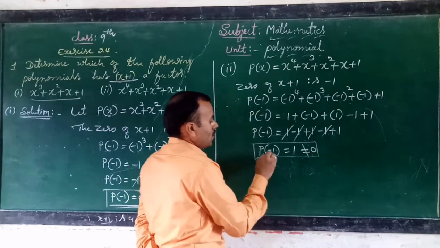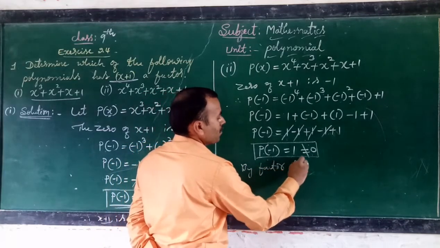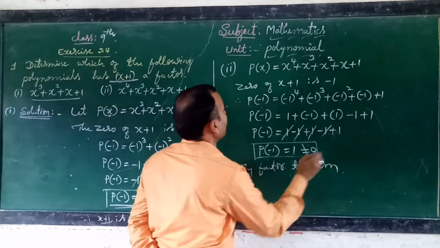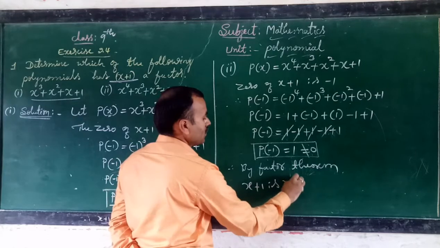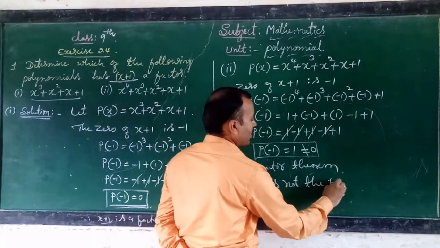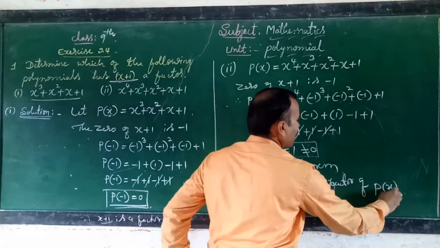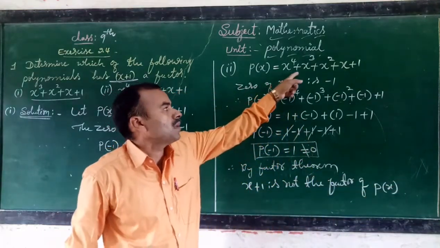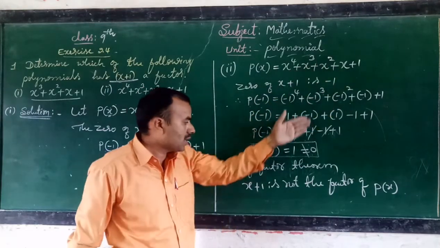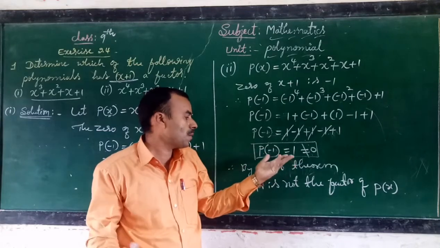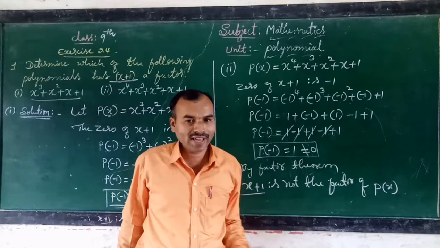So by the factor theorem, x plus 1 is not a factor of p of x, that is x to the power 4 plus x cube plus x square plus x plus 1, because the remainder is not 0, so given x plus 1 is not a factor of p of x.